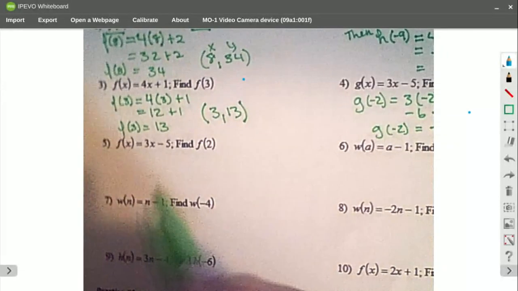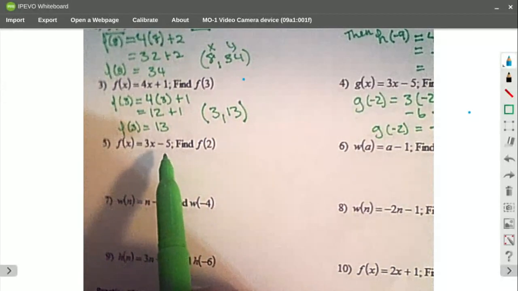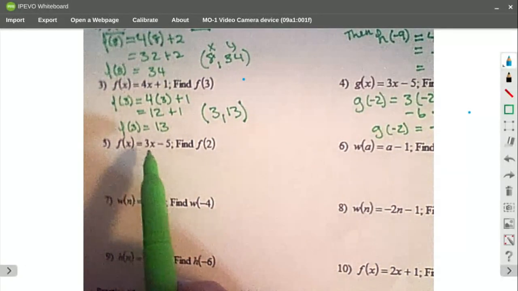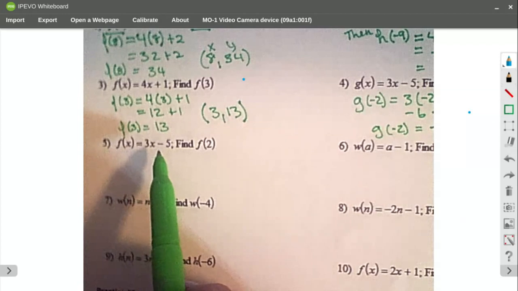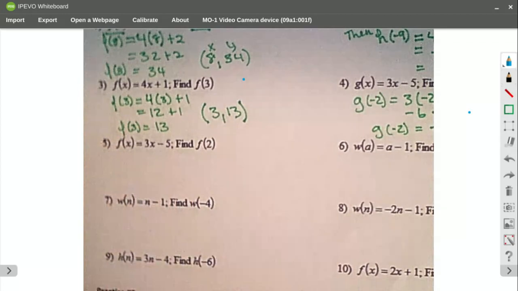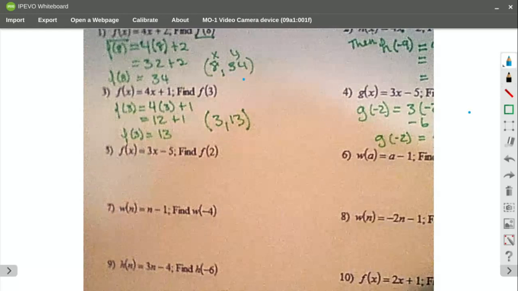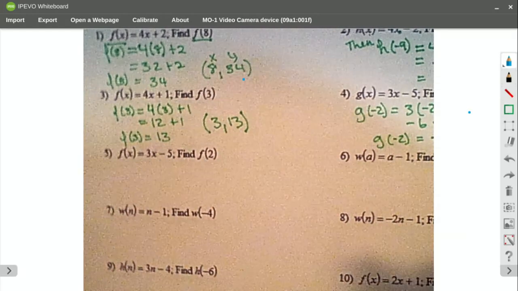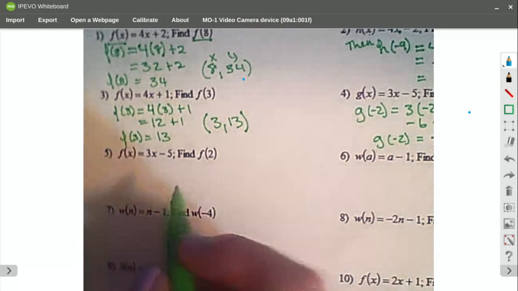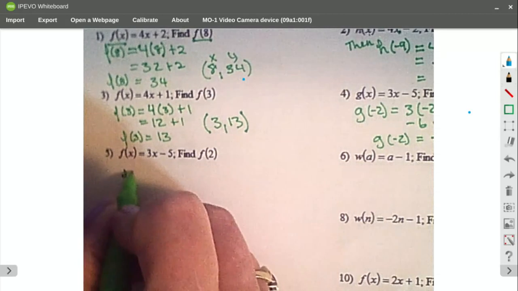All right. I'm going to put this one in. F of x is equal to 3x minus 5. Find f of 2. All right, that problem's done. Let's see if you got the right answer.